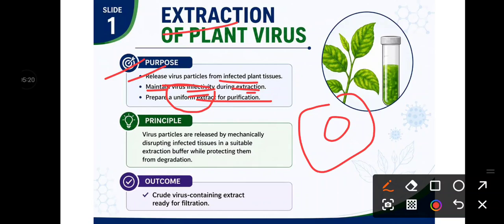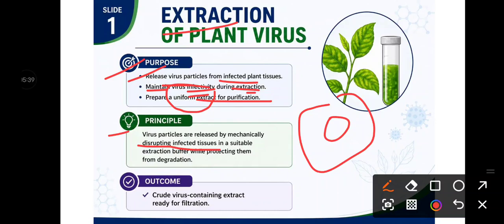And the principle of extraction of virus. So what is the principle? Virus particles are released mechanically by disrupting the infected tissue in a suitable extraction buffer while protecting them from degradation.